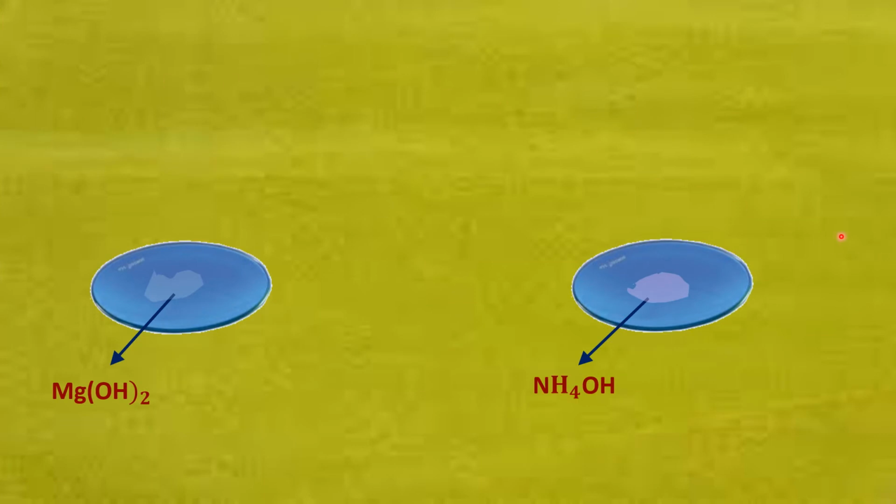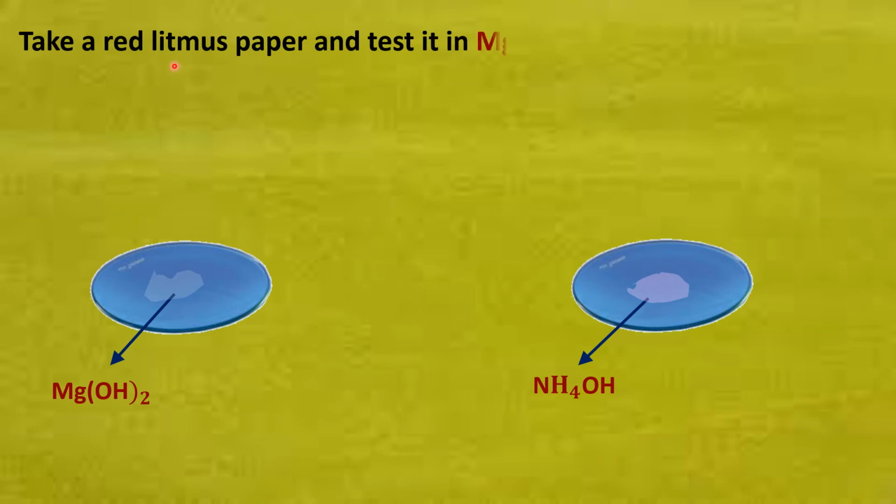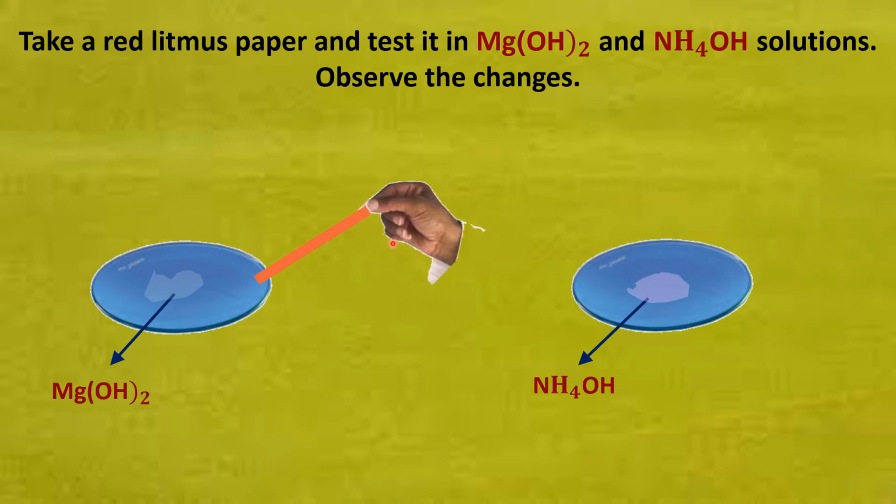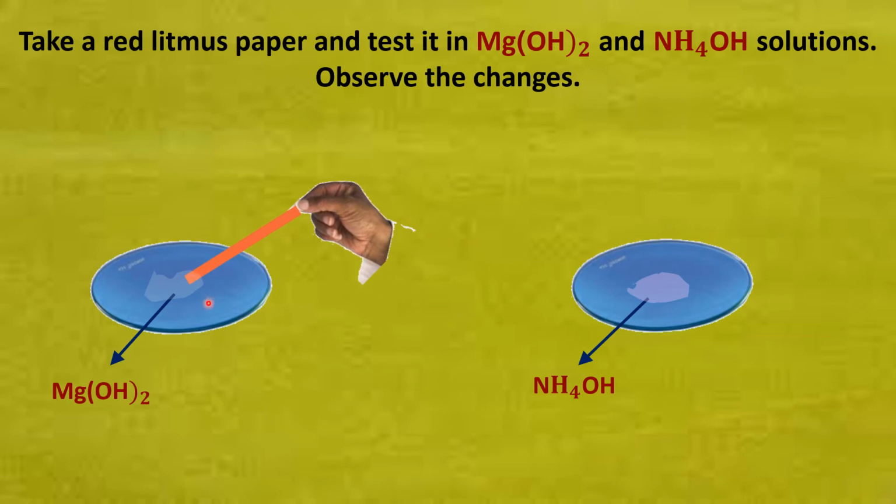So now we'll test the two solutions with the red litmus paper, and we'll observe the changes and make a note of that. These are the last two solutions which you are going to observe. Already we have seen the six solutions. So here is the red litmus paper.